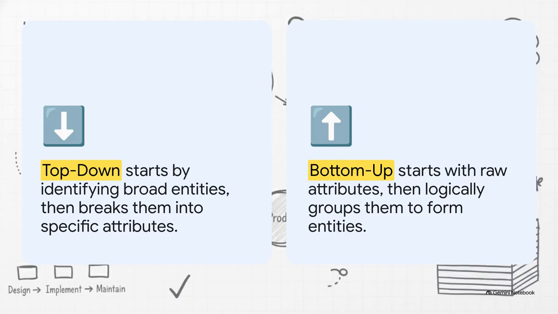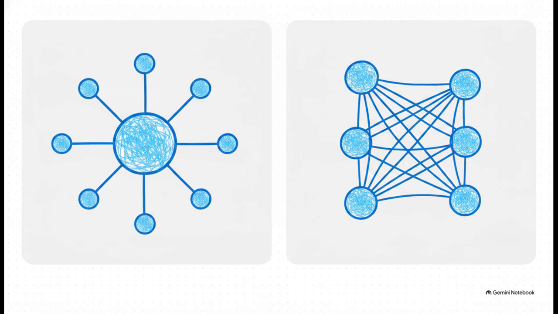Bottom-up design is the exact opposite. You start at the micro level with a massive pile of raw attributes, like student ID, course code, professor name, and you logically group them together to form your entities. Another absolutely critical choice is centralized versus decentralized design. Centralized design is typical for simpler systems. It's where one small team, or maybe even a single database administrator, designs the whole system from start to finish.